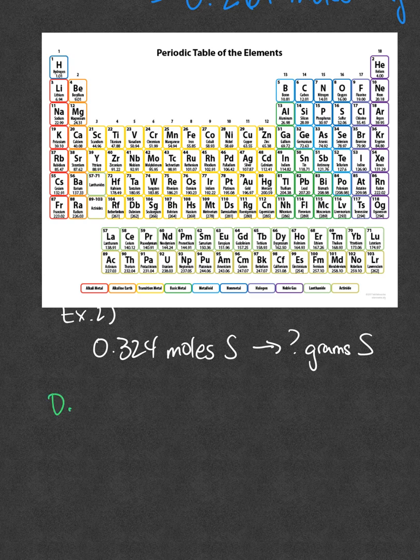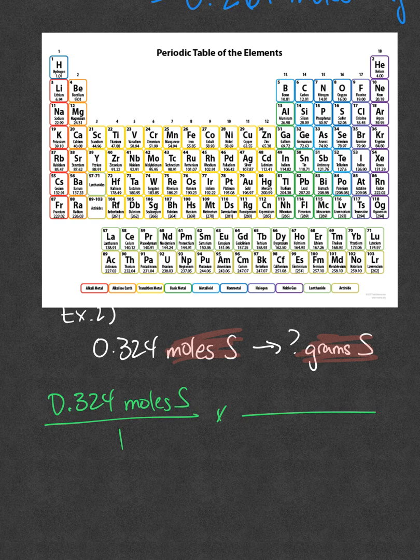So we have 0.324 moles of sulfur, and it's typically over 1. Here's our dimensional analysis. We're just going to be converting moles of sulfur to grams of sulfur. Typically, what you want at the end is to have that unit at the top, so you don't want it to be canceled out.